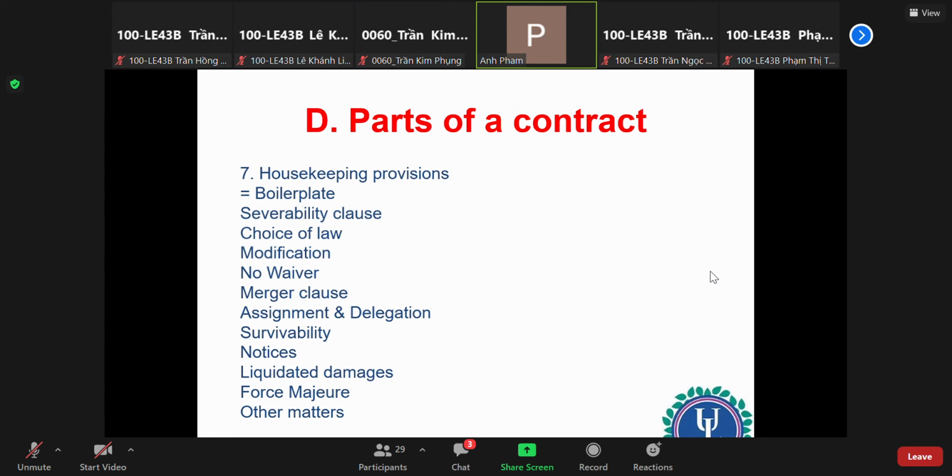This clause will prevent the parties from just quoting or citing what they have agreed in advance to interpret the contract. So everything written in the contract, at the time the parties sign the contract, is considered the full and final agreement between the parties. So the parties should not refer to any other agreement.